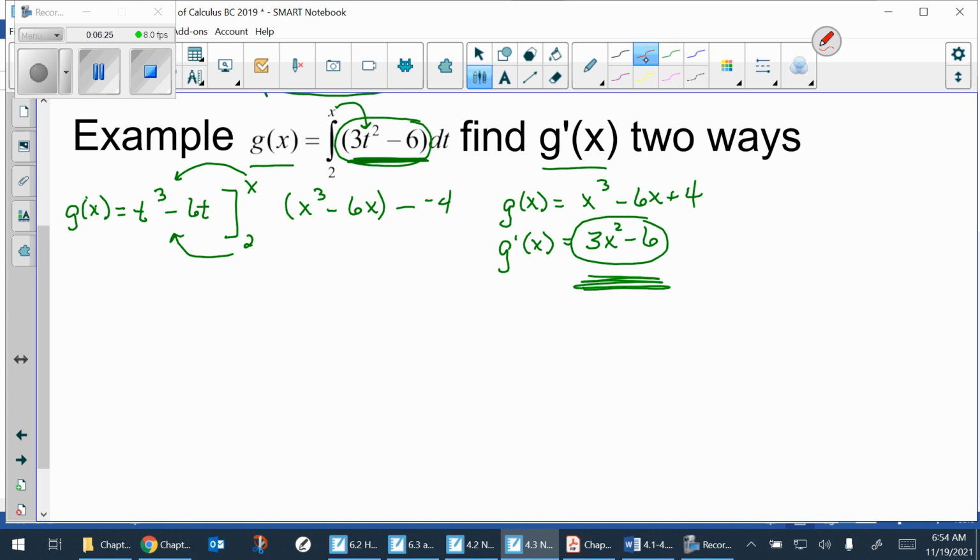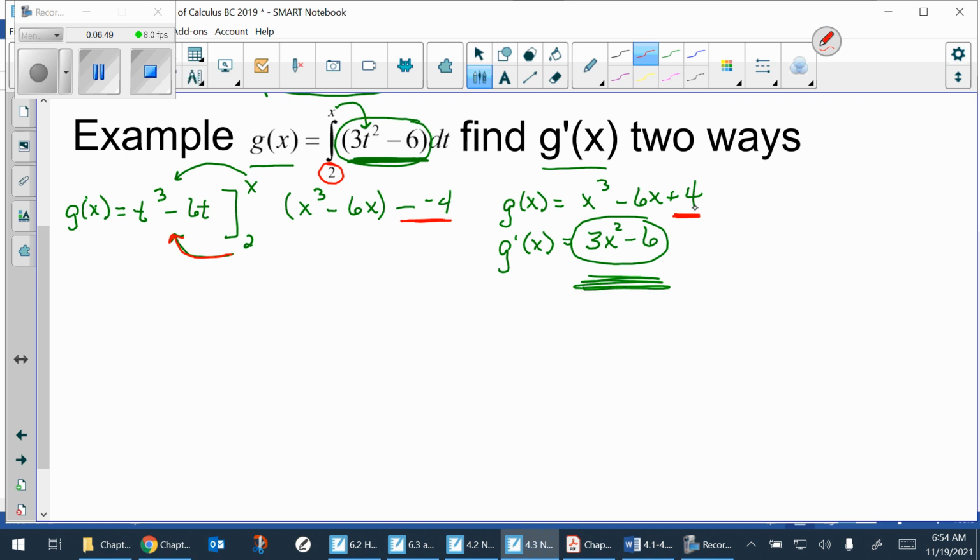The question comes up then, does this number down here even matter? And the answer is no, it really doesn't matter. When I put any constant into the antiderivative, I am going to get a constant. And when I take the derivative of it, the constant is going to go away.